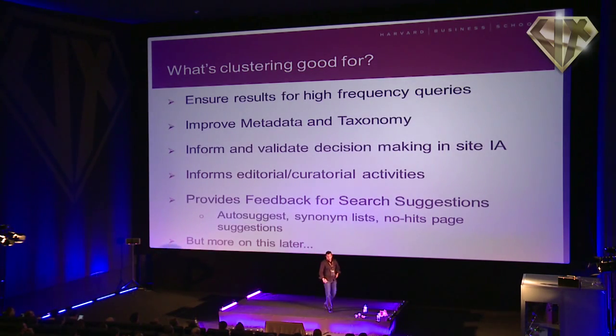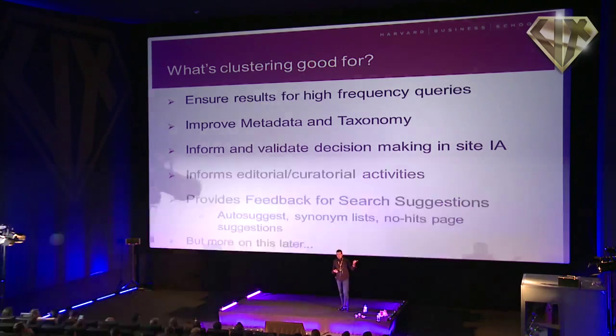So what can clustering be used for? It is to make sure that the top queries that users are entering in your site are accounted for, and that you're presenting them the best results possible. It can also be used to improve the browse taxonomy on your site. And if you're making information architecture changes, you can validate that with numbers. I attended a presentation next door.